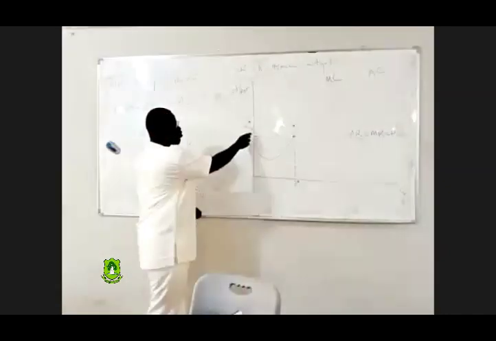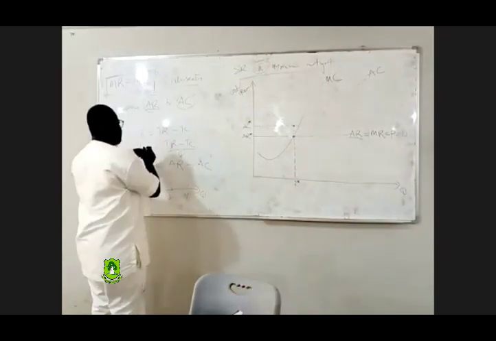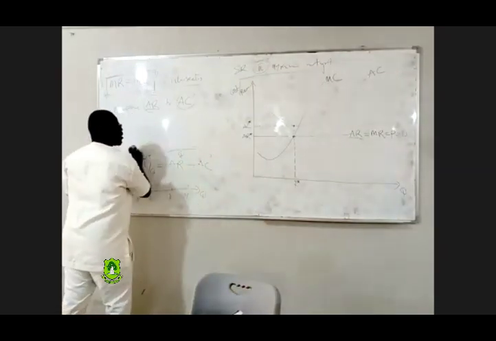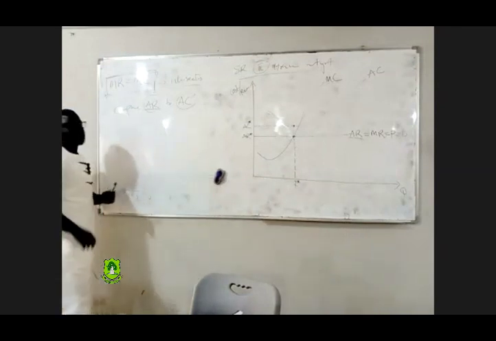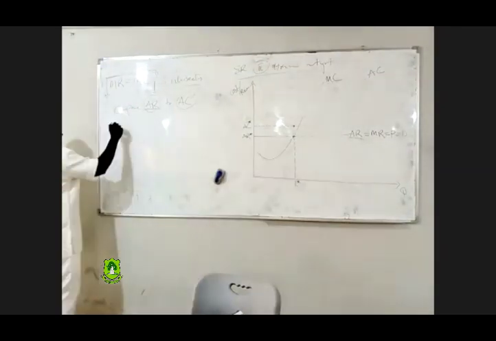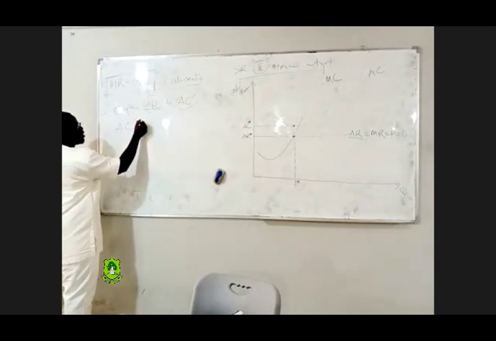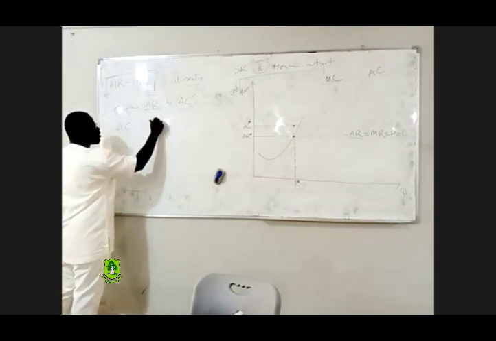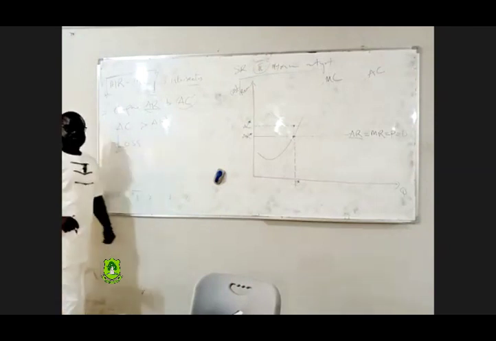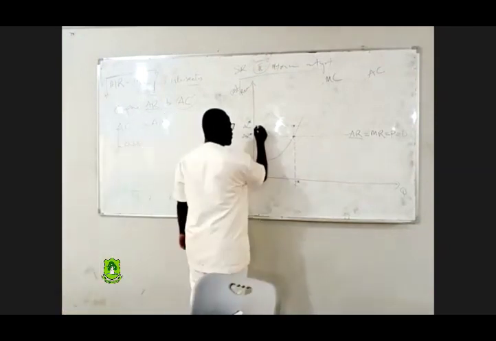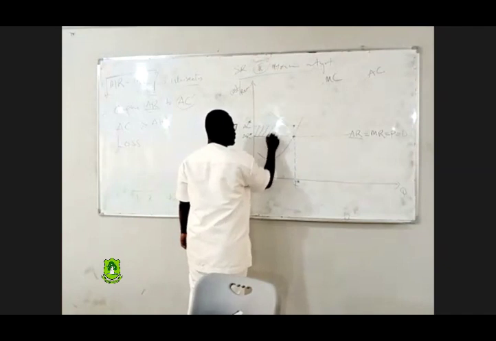Okay. In this particular case, which one is above the other? Average cost is greater than average revenue, which means the firm is making a loss.